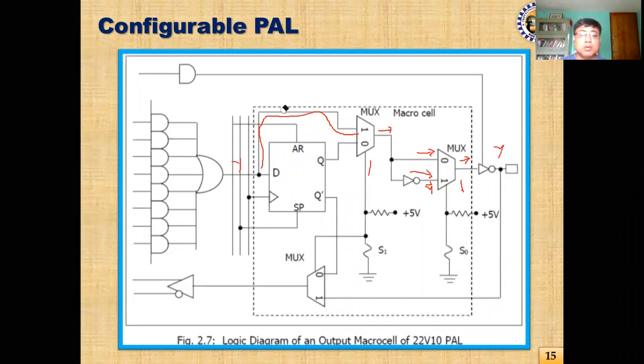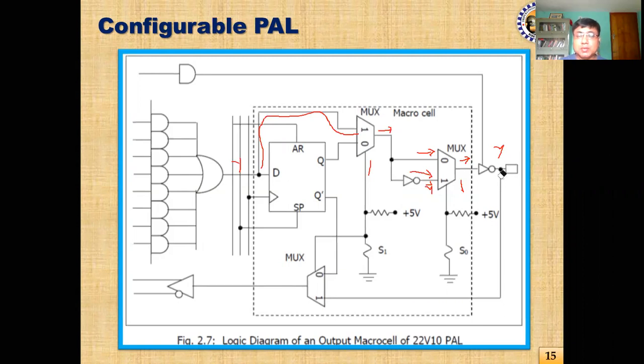So this is how the macro cell works, and you can see that the feedback connection that we have seen is included like this. Suppose this pin is working as input or output.